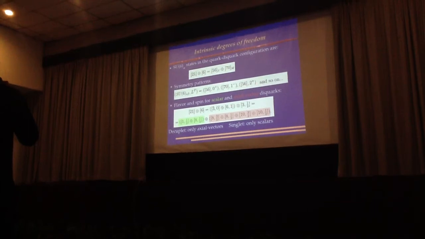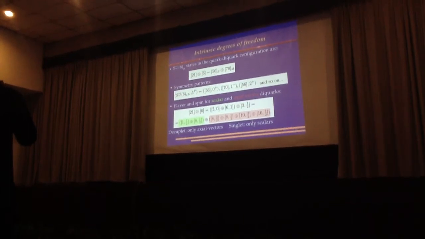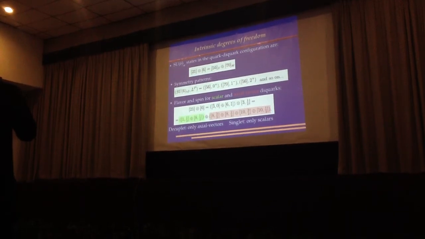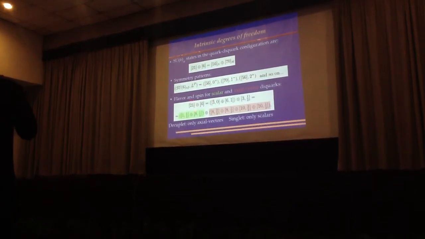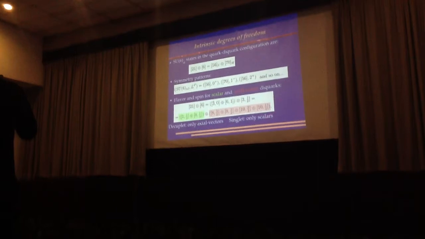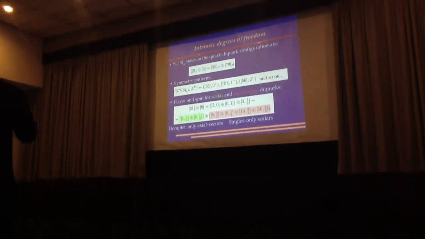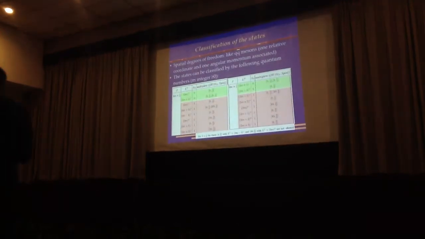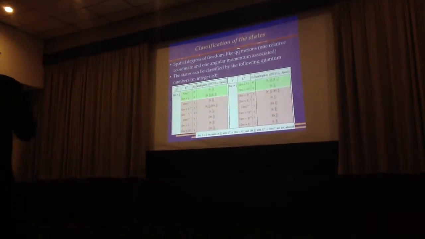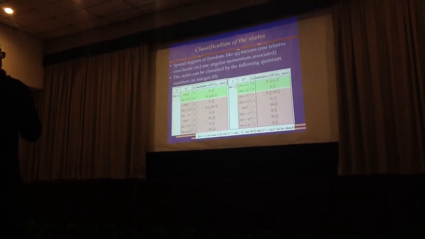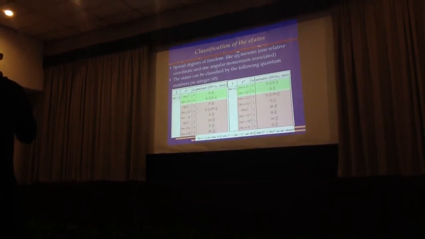If we decompose the SU(6) states in SU(3) times SU(2), we find, for example, that the singlet can have only a scalar dipole, and the decuplet can have only an axial vector dipole. This is the classification of all the states in the quark dipole model, again by applying the Pauli principle.